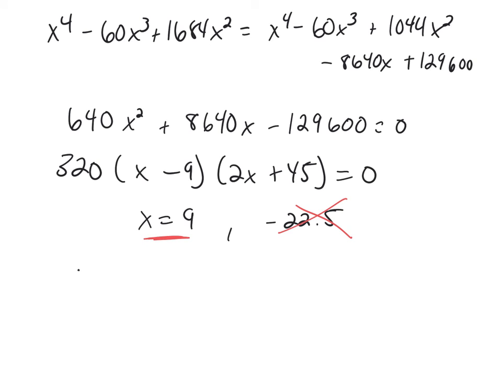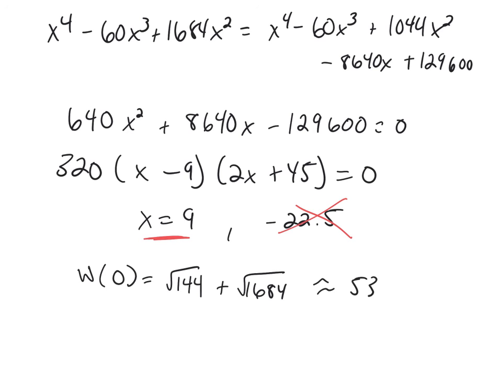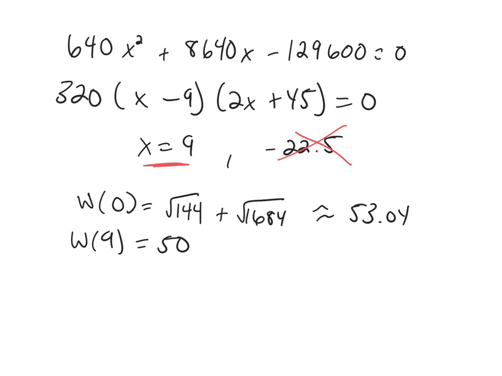Now if you go back to W, plug in your endpoints. Plug in 0 into W, you'll get approximately 53.04. If you plug in 9, you'll get 50. And if you plug in 30 in place of x, you'll get approximately 60.31.